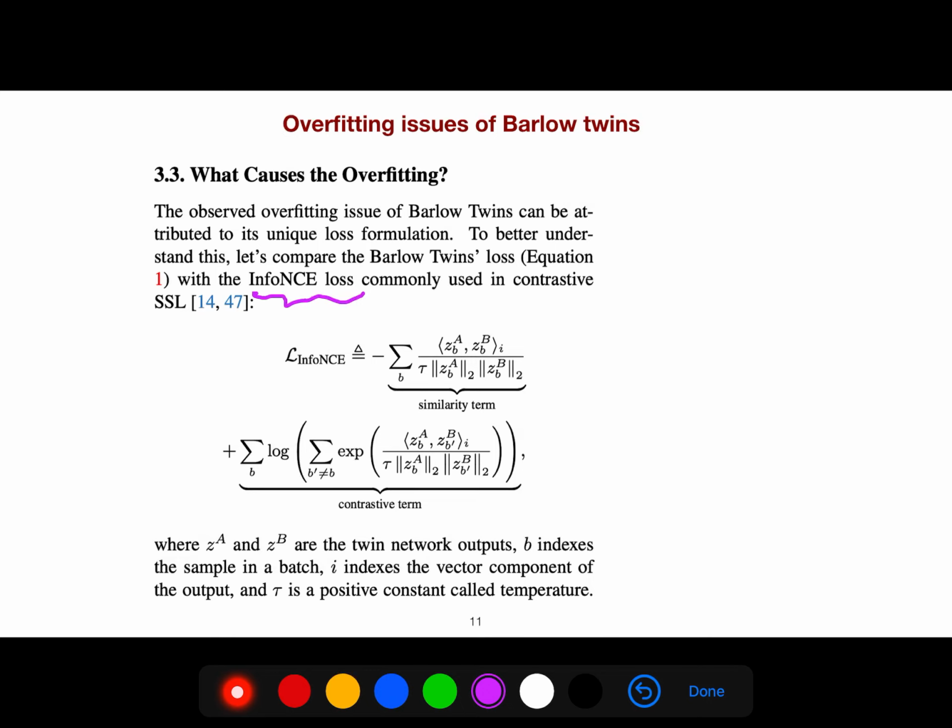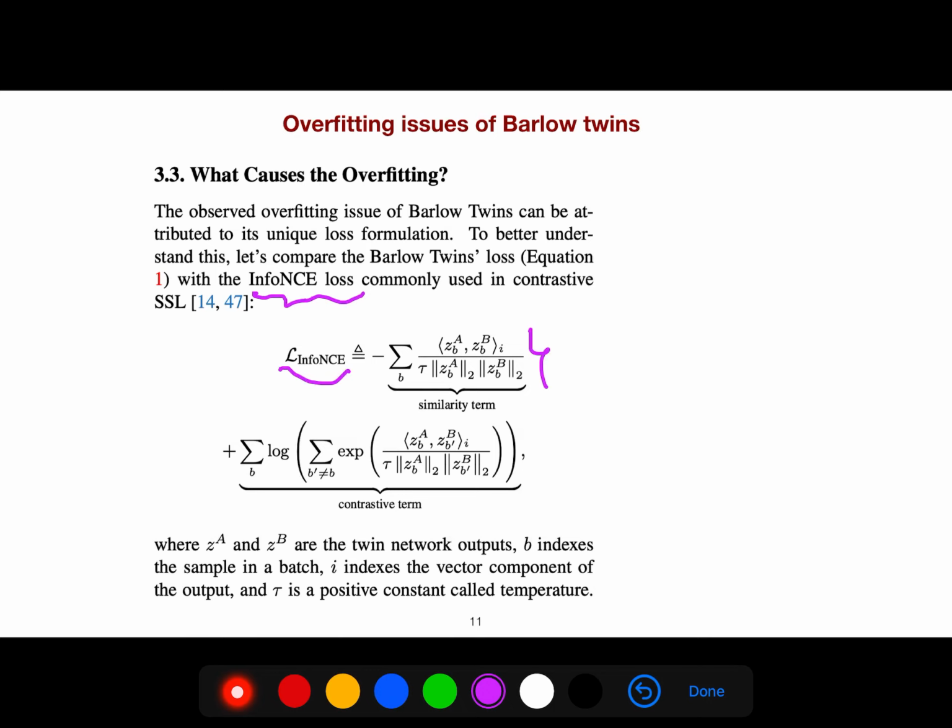Theoretically, you can analyze it much more easily than any other paradigm. So that's why we use the InfoNCE loss in this form. The first term is called the similarity term, as you see, and the second term is the contrastive term. Z sub A and Z sub B are the twin network outputs.